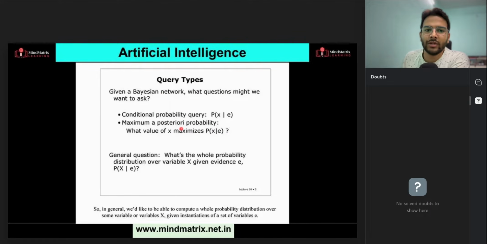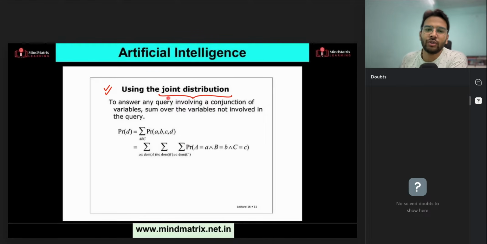Because the question is, what is the whole probability distribution over variable X given evidence E? For that purpose, we have to use the joint distribution, right? And we know the joint distribution is very powerful because we can answer every question related to a domain using it. To answer any query involving a conjunction of variables, where we have multiple variables, sum over the variables not involved in the query.